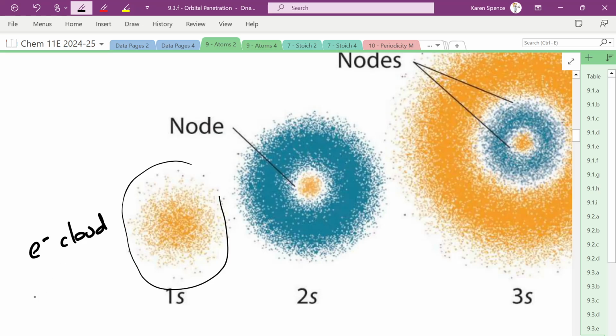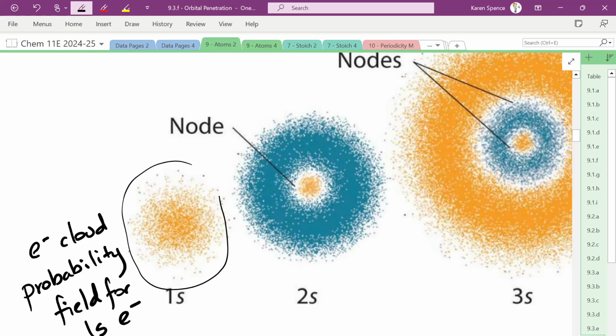It is the probability field for 1s electron or electrons. I've done a terrible job of drawing a circle around that. That's supposed to be a circle, like an actual circle. It's looking more and more like an oblong every day, but there we go.